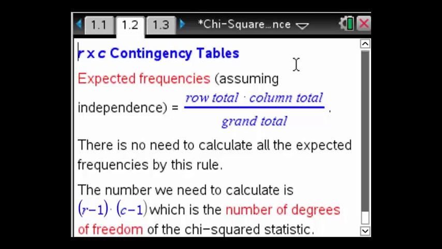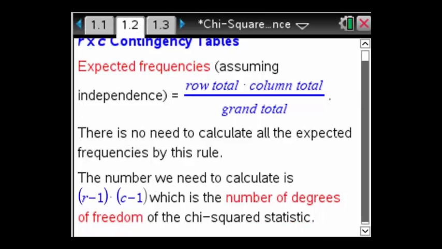The other important thing, of course, is the number of degrees of freedom of the chi-squared test statistic, and it's given by the number of rows take away 1, multiplied by the number of columns take away 1.